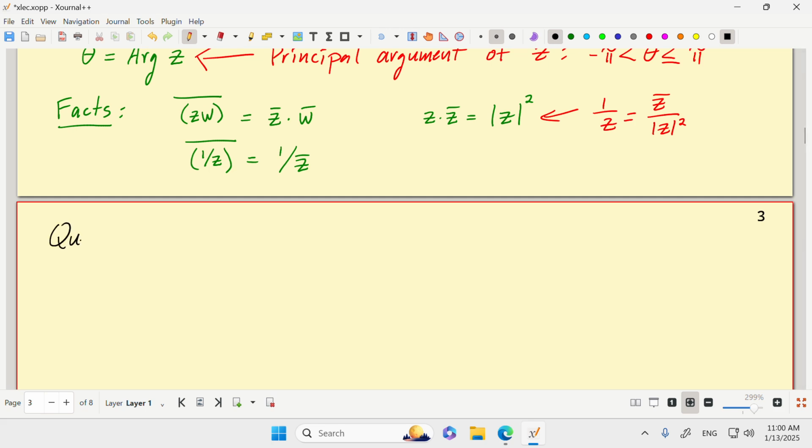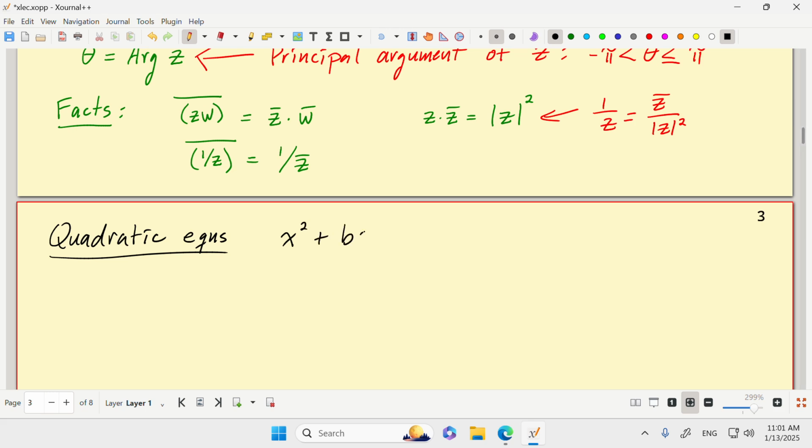Historically, of course, I think somebody in Persia realized how to solve quadratic equations. So this is what you learned in junior high school.